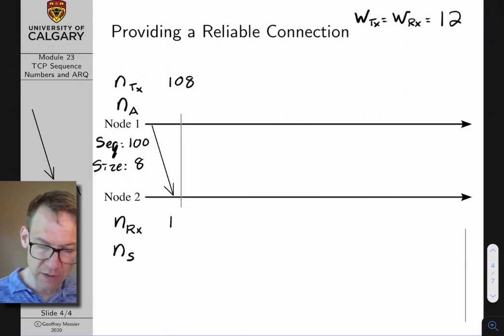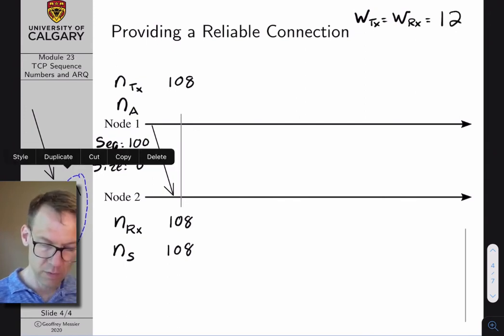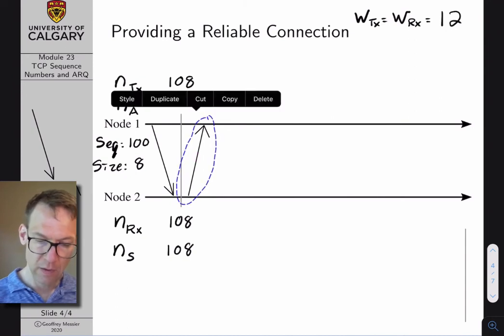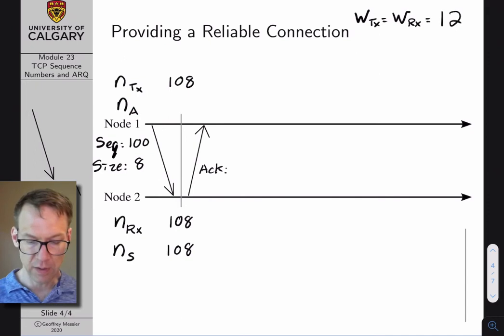Byte number 108 is also what is being expected by our receiver. We haven't lost or received any out of order packets yet, so NS and NRX are the same. We're now going to send an acknowledgement back from node 2 back to node 1. And that acknowledgement is going to be the byte that our receiving node 2 is expecting next.